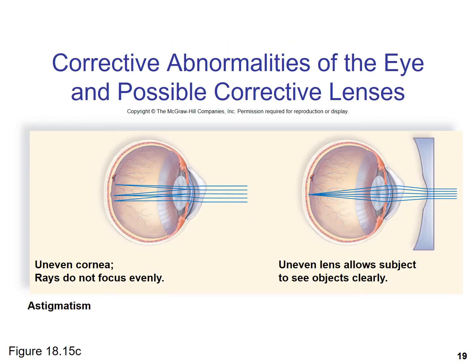Right here, you can see that the light rays are kind of getting tangled up, and this is because of an irregularity on the cornea. If you have this unevenly shaped lens here, it's going to compensate for and straighten out the light rays so that when they hit the back of the eyeball, when they hit the retina here, they're hitting in a normal formation.